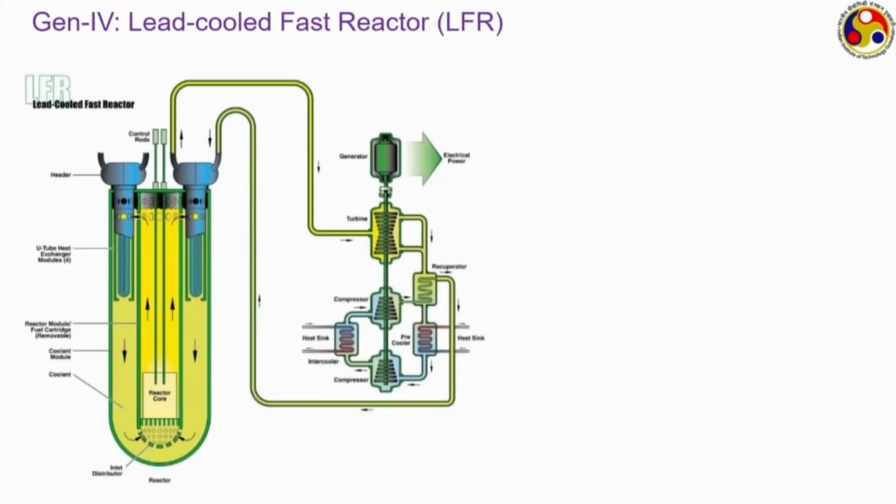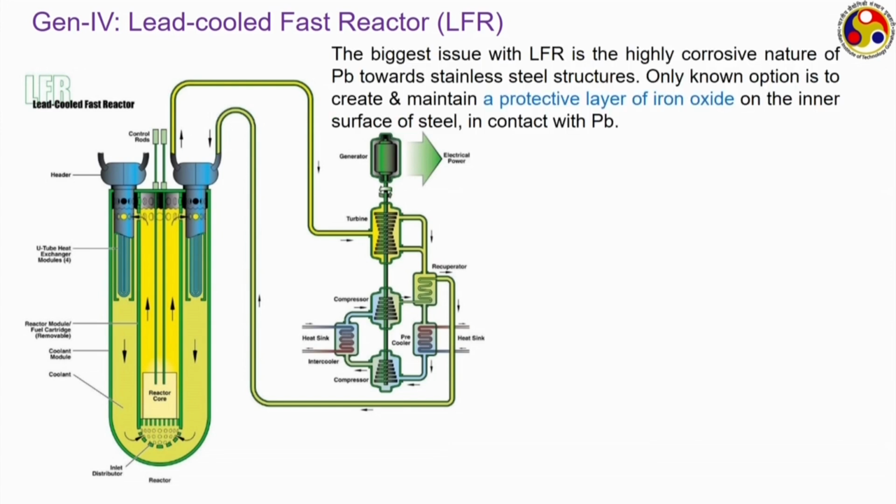Next, we have the LFR, lead cooled fast reactor. The biggest issue with LFR is its highly corrosive nature. Lead has its own advantages over sodium, like I have mentioned. It has a much higher boiling point and a higher heat capacity, but its melting point is also high, and it is also corrosive in nature compared to sodium.